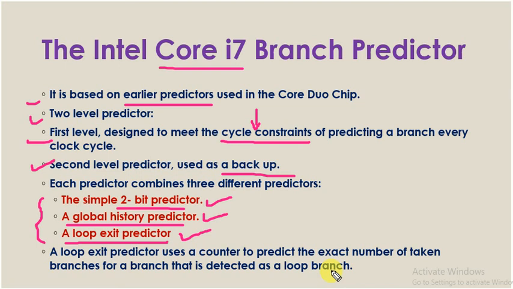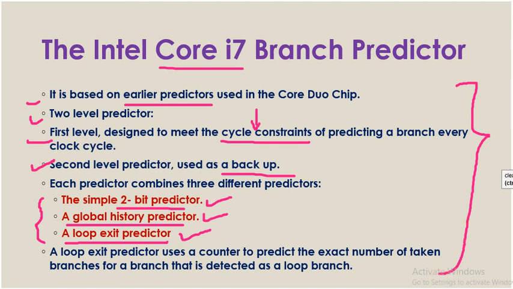For a loop branch it will take the exact number of taken branches and its count, and based on that count the behavior of the current branch will also be decided. So this is only a case study, showing the use of the branch predictor compiler technique for improving the performance of instruction level parallelism in a specific processor, the Intel Core i7.